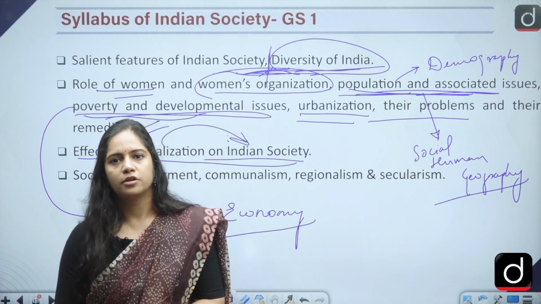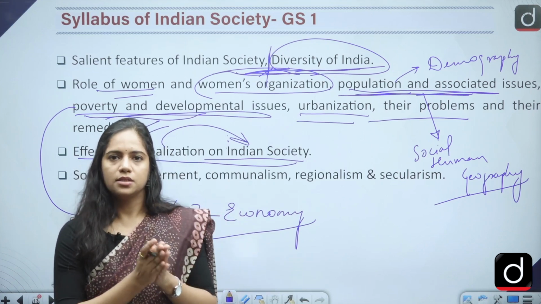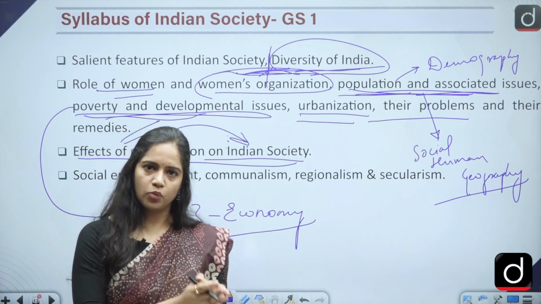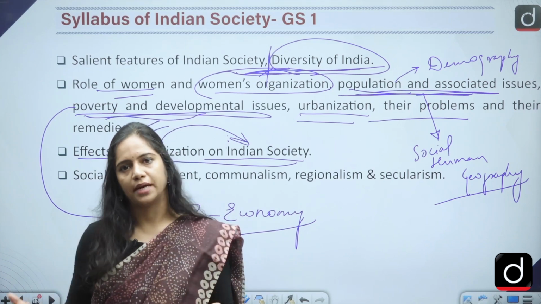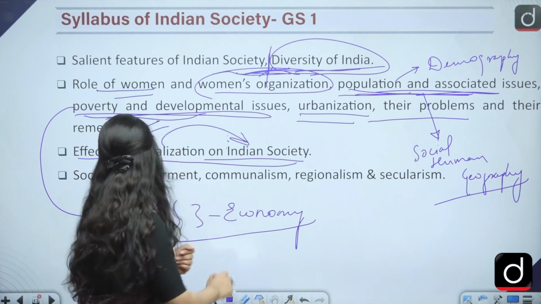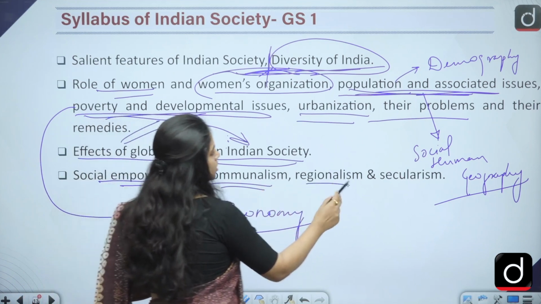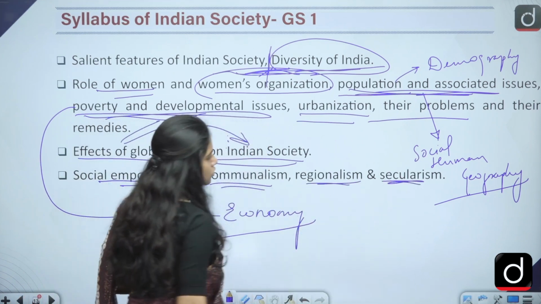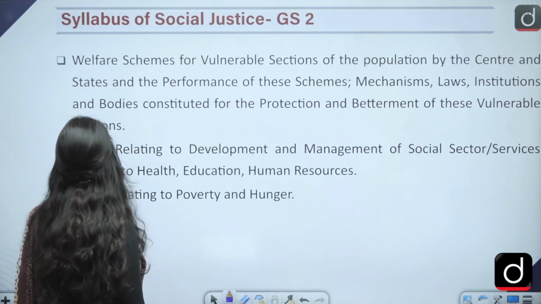Reading syllabus does not mean just reading it. You need to also understand how, even though the topics are the same, it is different in paper 1 than paper 3. And last, social empowerment, communalism, regionalism and secularism. So this is part of your Indian society syllabus.